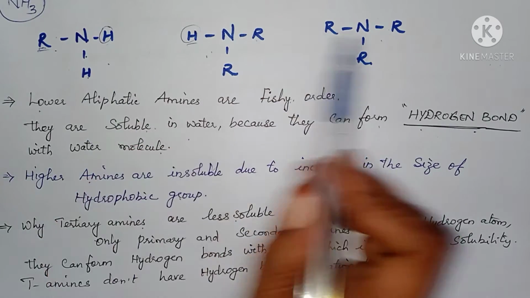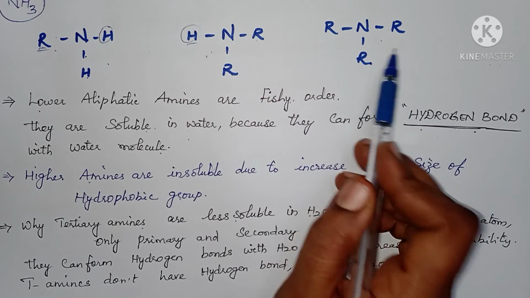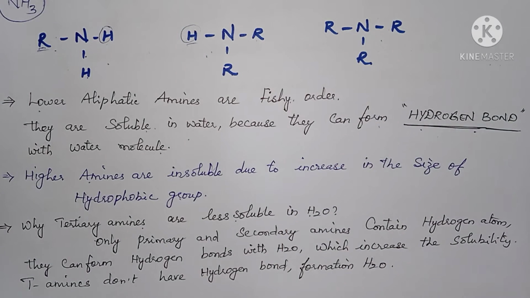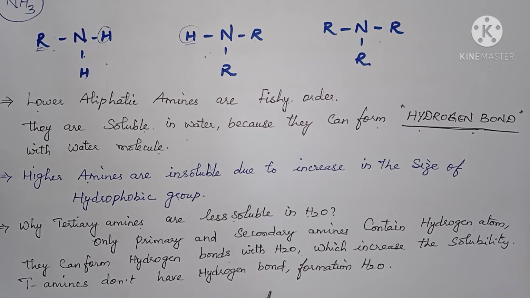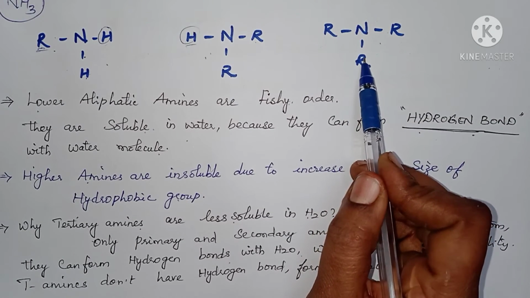But in tertiary amines, there is no hydrogen bond. Hydrogen is replaced by an alkyl group. That is the main reason. Only primary and secondary amines contain hydrogen atoms. They can form hydrogen bonds with water and increase the solubility. But tertiary amines do not form hydrogen bonds with water, so they will not be soluble in water.